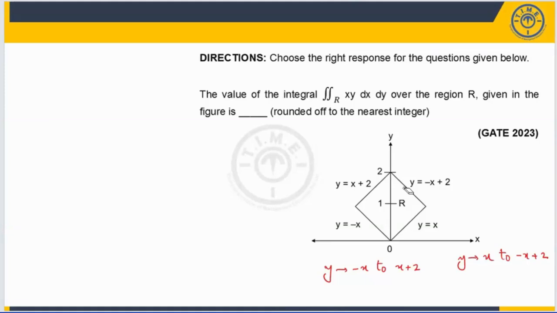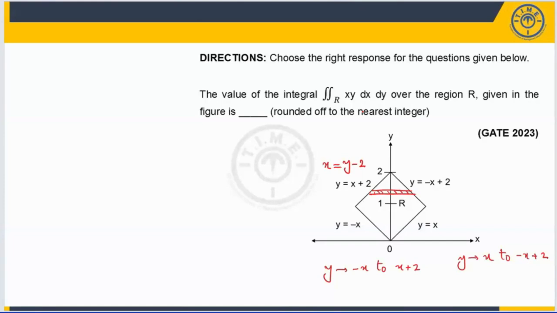Sir, I will take the horizontal strip. Okay, if you are taking the horizontal strip here, then you have to consider the limits of x, right? So x is equal to how much here? y minus 2.